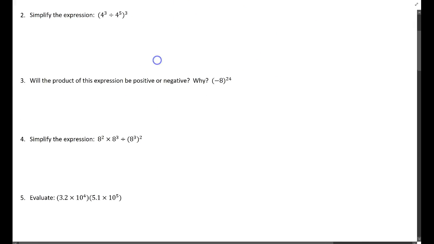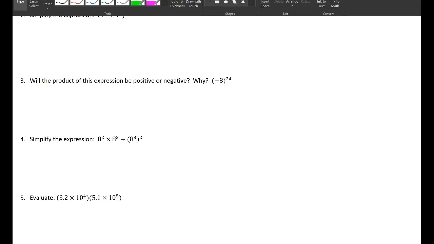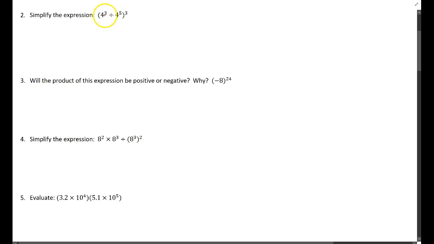Now, switching gears slightly. Make sure we have the red pen. 4 to the 3rd divided by 4 to the 5th to the 3rd. Now, as we remember, there are a couple rules of exponents that we need to keep in mind here.